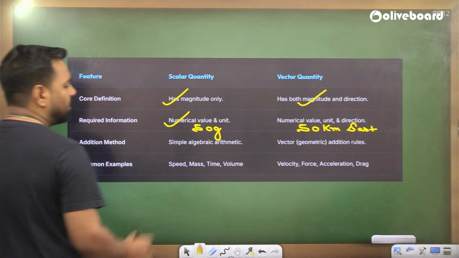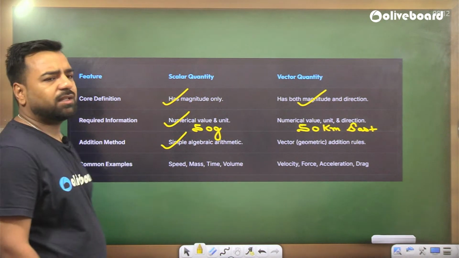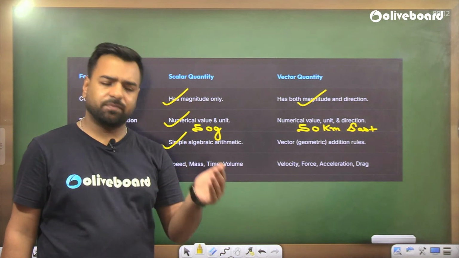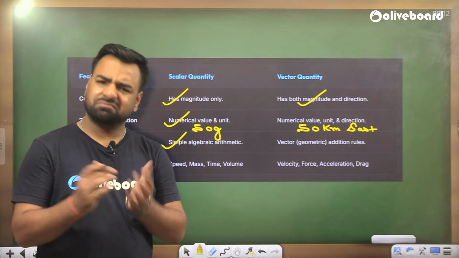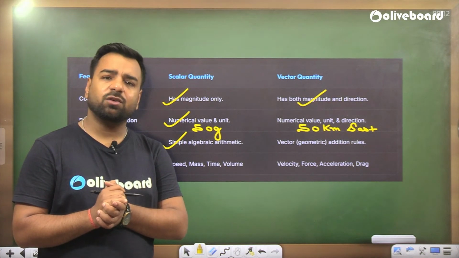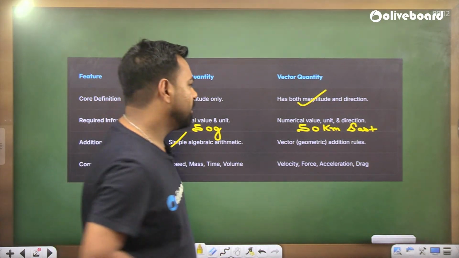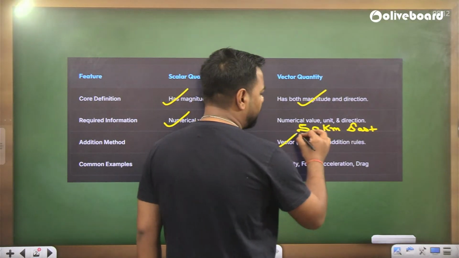In scalar quantities, we go with simple algebraic addition, the addition that we use in mathematics. Let's say I'm asking you what is 5 plus 10. You directly say, sir, that's 15. But what if I ask you about the vector addition rule?